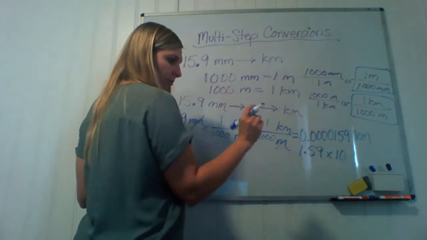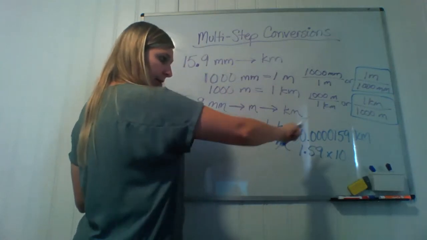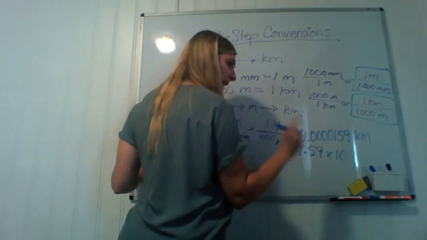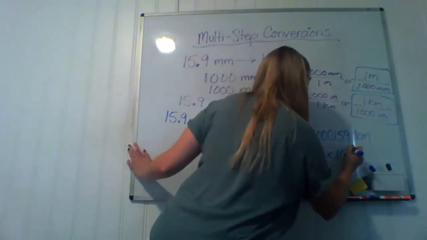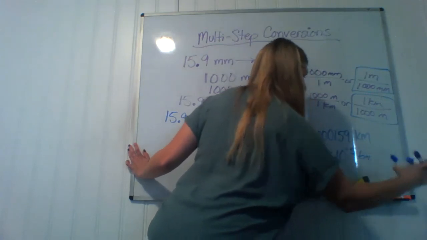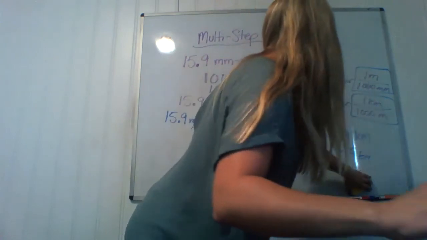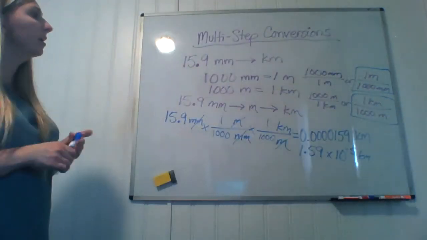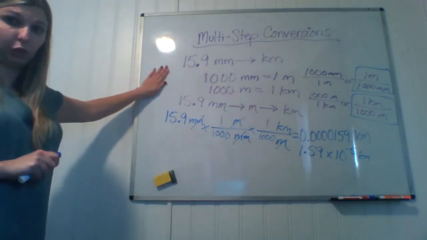How many places are we going to need to move the decimal? 1, 2, 3, 4, 5 places to the right, so 10 to the -5 kilometers. Okay. That's going to be our final answer in this multi-step conversion.